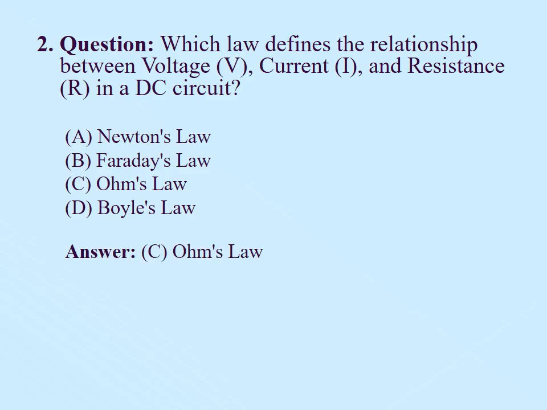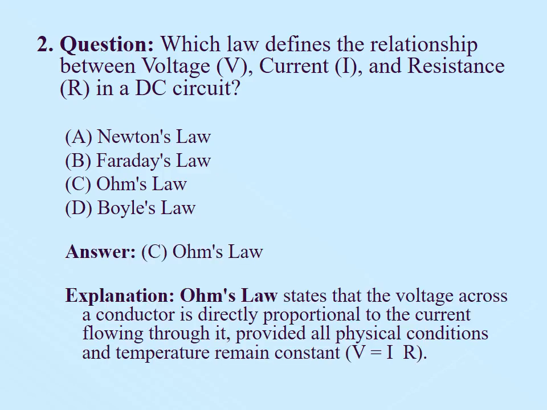The answer is C, Ohm's law. Ohm's law states that the voltage across a conductor is directly proportional to the current flowing through it, provided all physical conditions and temperature remain constant. V equals IR.